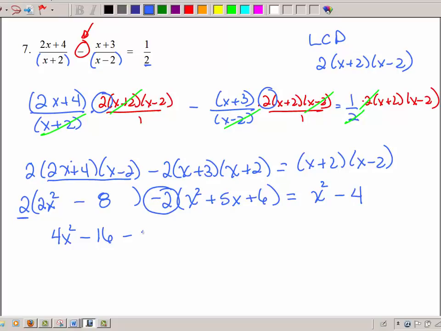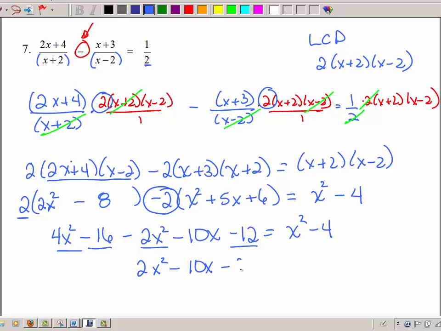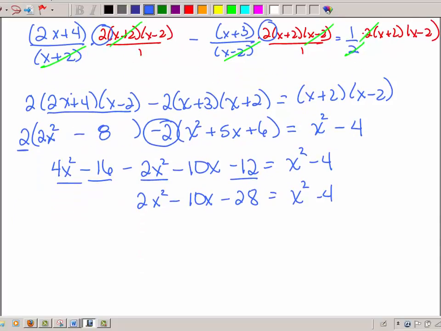Distribute the negative 2. Collect like terms. So I've got 2x squared here minus 10x. That's minus 28. Got to set it equal to 0 because I have a quadratic, so I'm going to subtract x squared and add 4 to both sides.